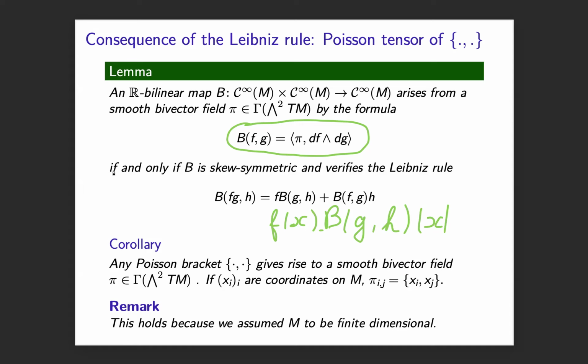The right way to explain the Leibniz rule is that it's a locality assumption. If M becomes infinite dimensional, it's not so clear anymore. Poisson manifolds of infinite dimension are much harder and probably not as well understood as finite dimensional Poisson manifolds. So everything will remain finite dimensional in this lecture.